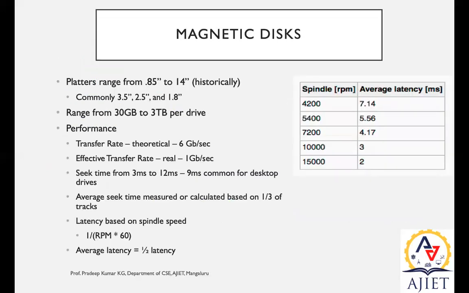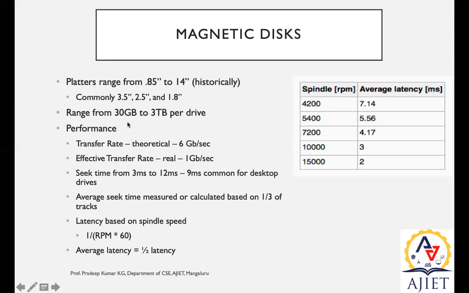So how is this magnetic disk made? Each magnetic disk is made up of a number of platters. Each platter may range from 0.85 inch to 14 inch. Commonly, we have 3.5 inch, 2.5 inch and 1.8 inch platters.